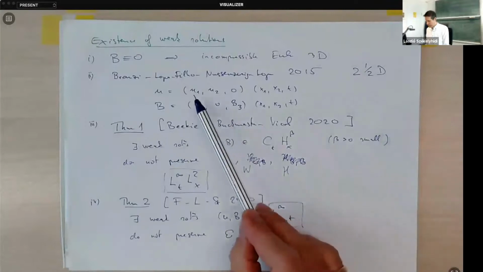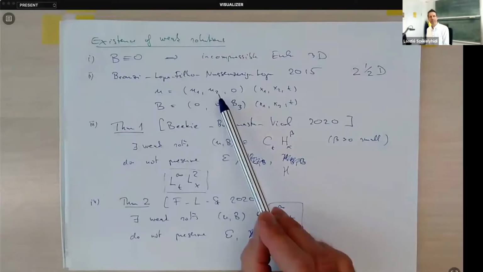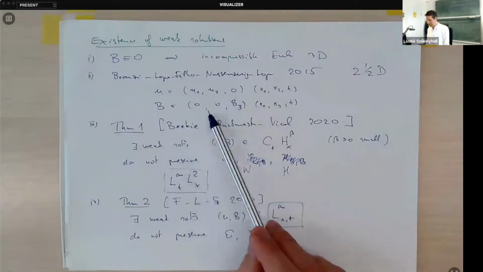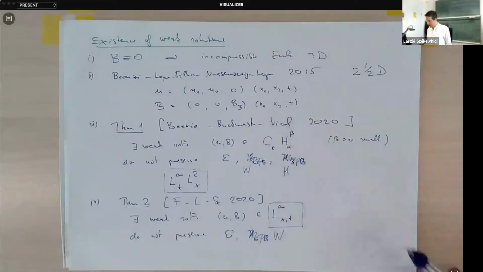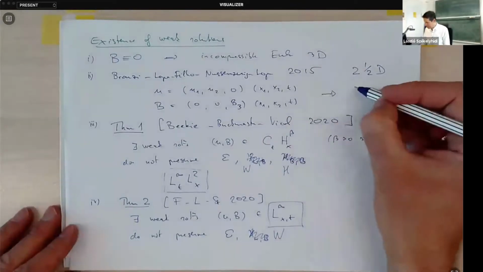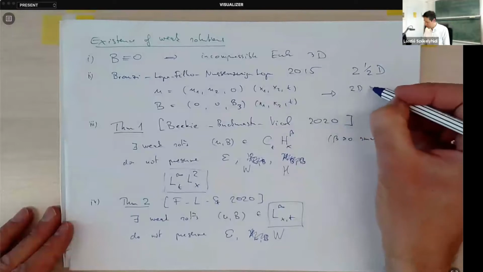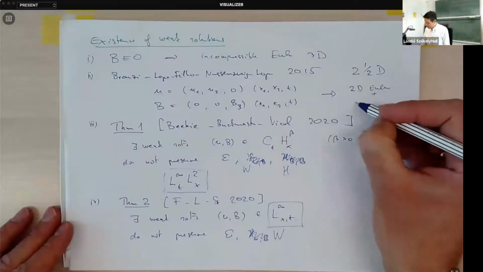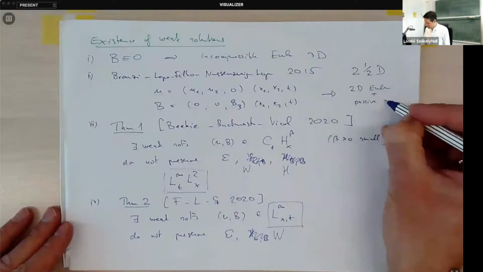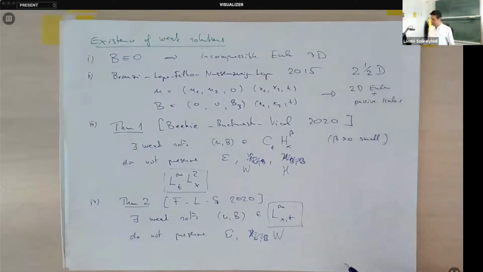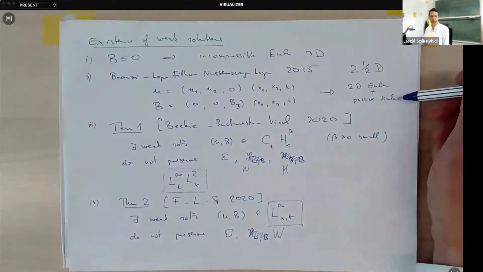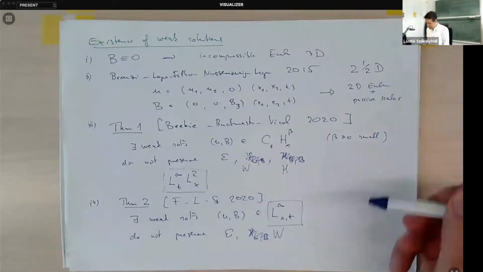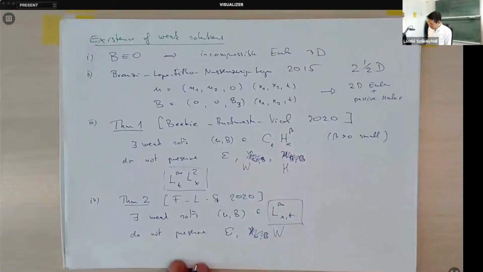Here, if U is essentially a solution of 2D Euler, and B is in the x3 direction, but also depends on x1 and x2, then this reduces the system to 2D Euler plus passive scalar. So the extension of the techniques leading to weak solutions of 2D Euler can be applied.